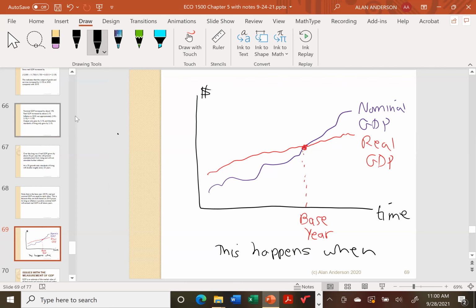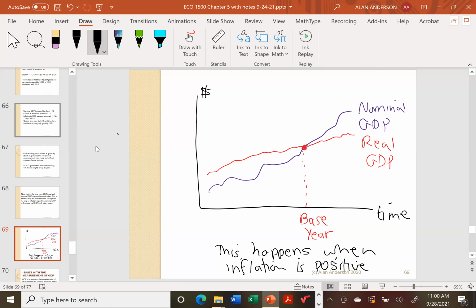It does occasionally happen, but it's rare. So as long as inflation is positive, meaning that prices are rising, this is the relationship you'll expect to see between nominal and real. So anytime past the base year, nominal will be higher than real, but prior to that, it'll be lower. It'll be the other way around.